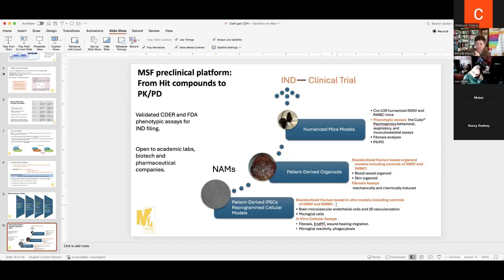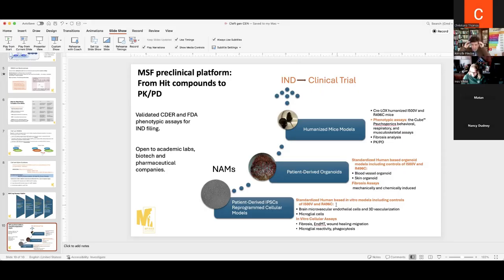Then we reprogram them in two aspects that are, according to the patients, the most important priorities, which is fibrosis and stenosis, and the other one is neurodevelopment. So the treatments are going to be tested on those two aspects, on brain microvascular endothelial cells.